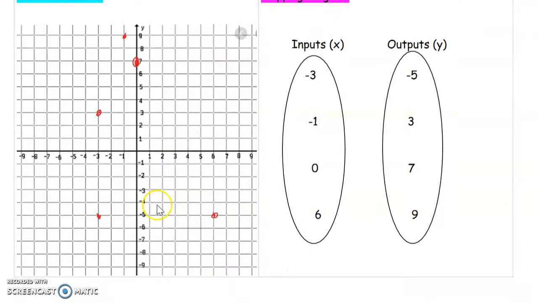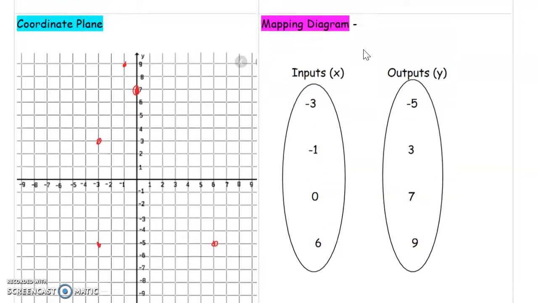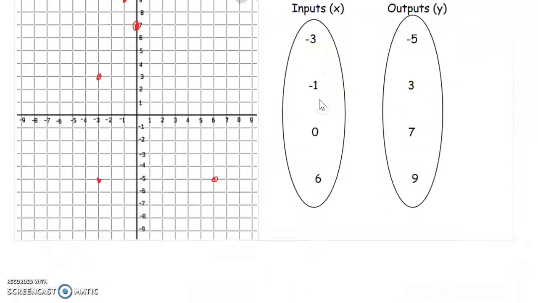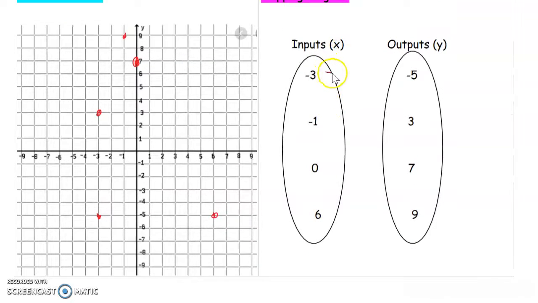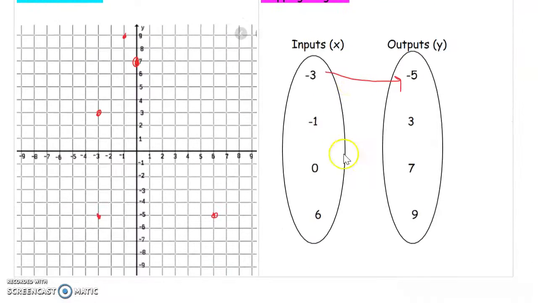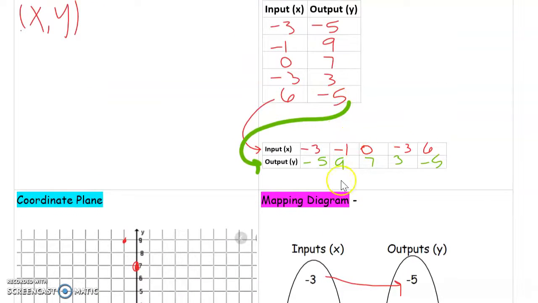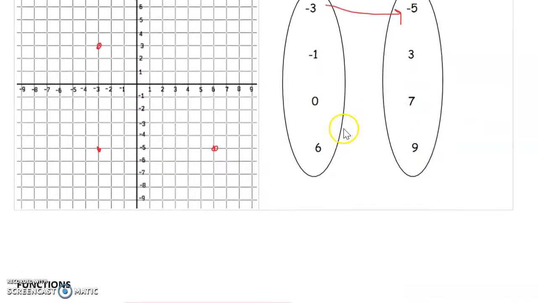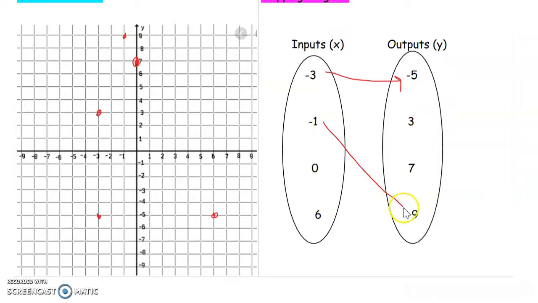Okay. The next way we can represent ordered pairs is what we call a mapping diagram, where we draw arrows connecting the input to the output. For -3, the output was -5, so I draw an arrow from the -3 to the -5. For -1, the output was 9, so I connect an arrow from -1 to 9.